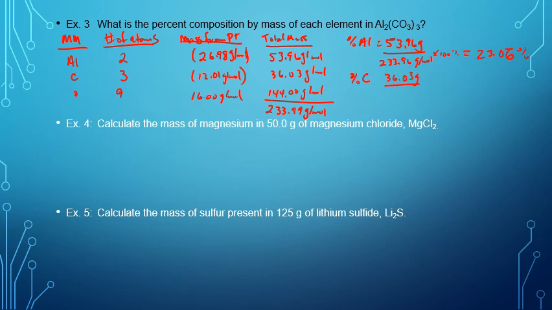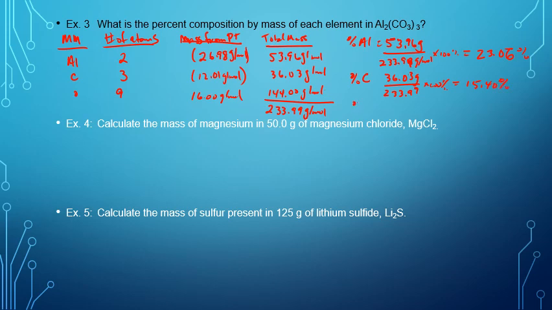When I look at the percentage of carbon, 36.03 divided by 233.99 and multiply it by 100%. So 36.03 divided by 233.99 gives us 15.40 for my percentage of carbon.